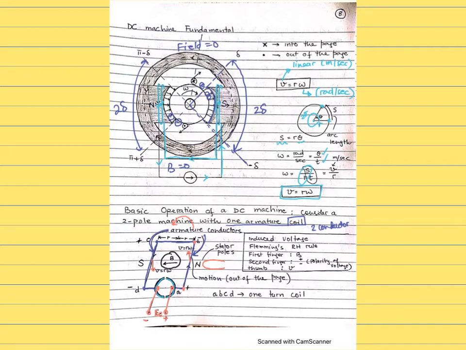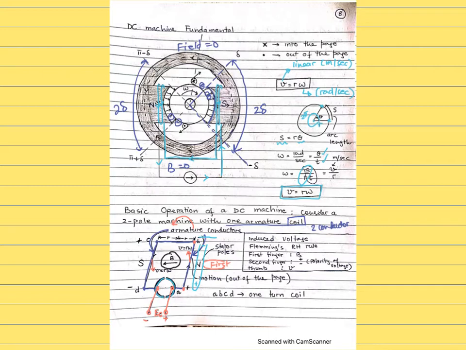So let me just write, that's the first finger, direction of B. And the second finger is going to point like this. So that's going to be the palm of your hand, plus and minus.